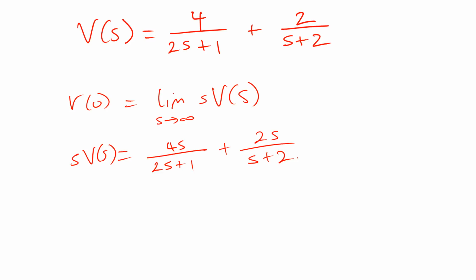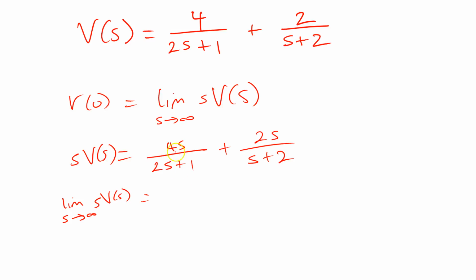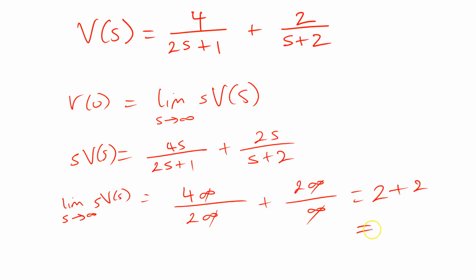And as we take s to infinity, you should get 4 infinity over 2 infinity plus 2 infinity over infinity, and then we get 2 plus 2 is equal to 4, which is the capacitor voltage. So you'll see that you end up with the same thing. You didn't have to go through the transformation into the time domain.